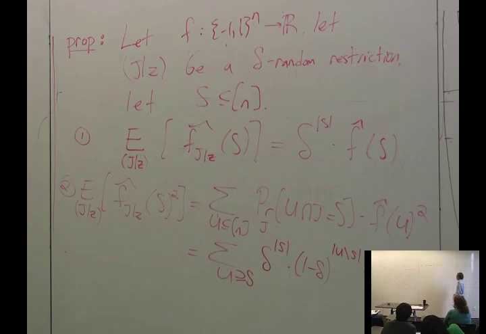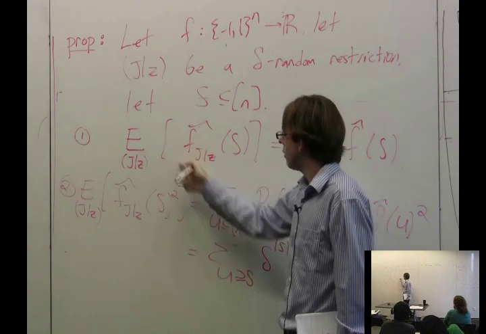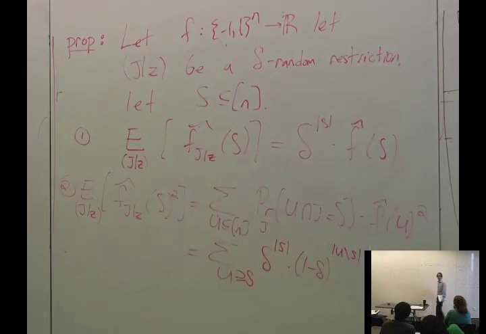Then J is some fixed set, and we're just choosing the Z coordinates, the stuff outside J, randomly. And when you do that, we had the formulas for the expected value of the restricted function's Fourier coefficient and its square. You might not remember them, but I'll write them down.